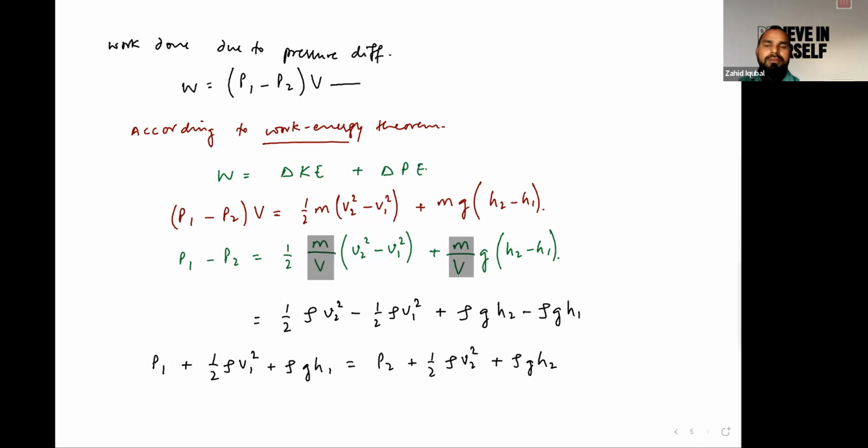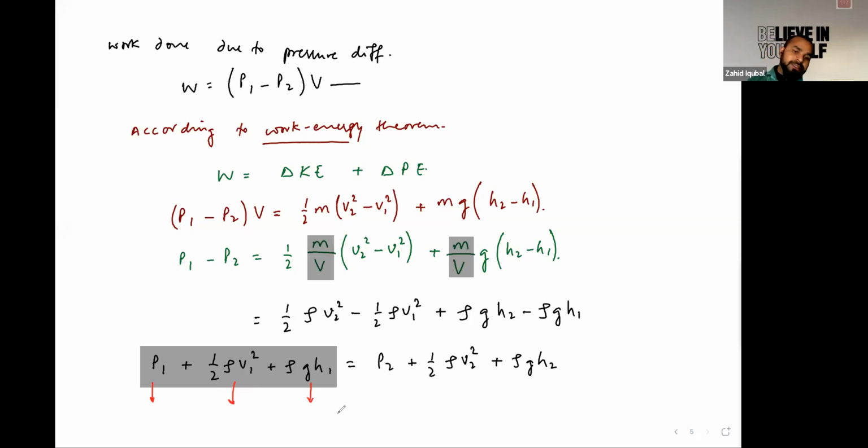So you can call sum of pressure, kinetic energy per unit volume, potential energy per unit volume at any instant for the flow of liquid is constant. This is pressure, this is kinetic energy per unit volume, and this is potential energy per unit volume.